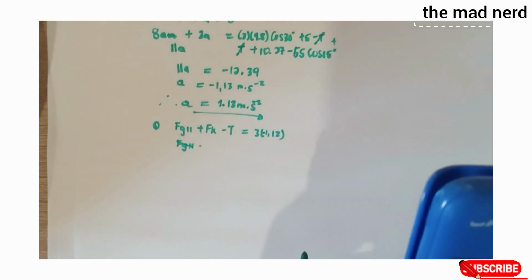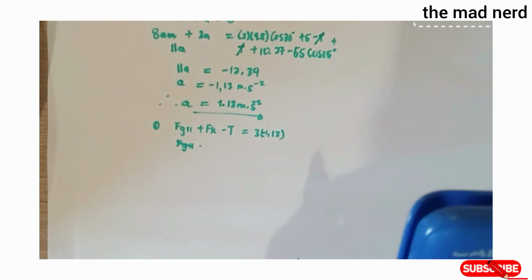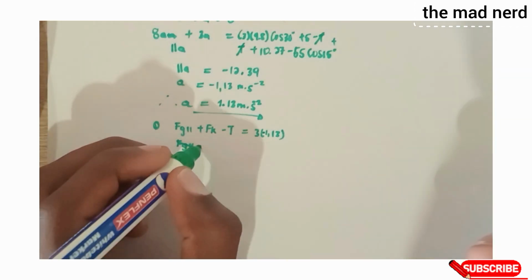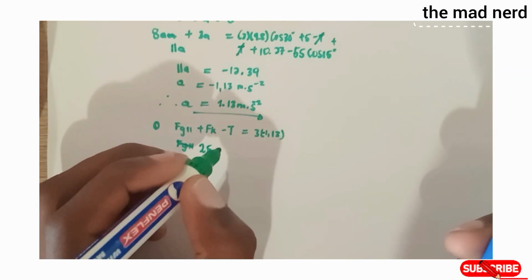So 9.8 cos 30 degrees, and we find that value as 25.46.